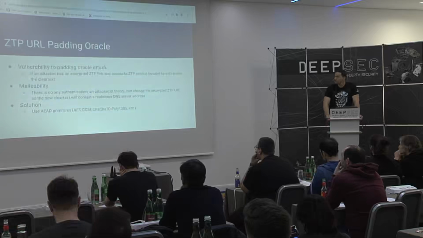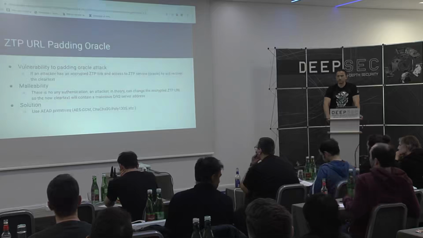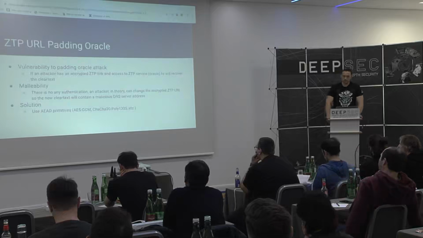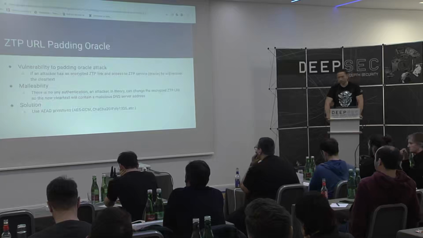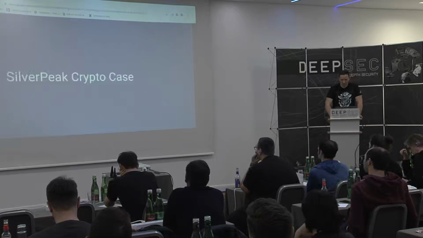And in this scheme, there is a vulnerability to the very famous padding oracle attack. If an attacker has an encrypted ZTP link containing an encrypted token and has access to the ZTP service as an oracle, he will recover the clear text using a padding oracle attack.